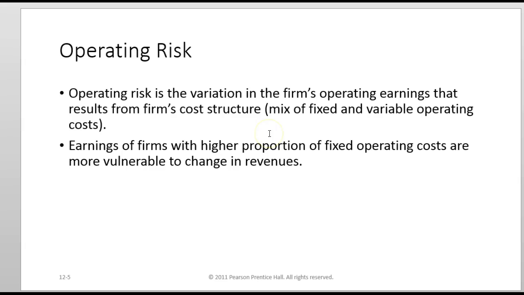And you'll find that firms who have a really high amount of fixed operating costs are very vulnerable to the changes in the revenue at the top. And we'll kind of go through that and walk through it. We'll also look at break-even point and how that affects the ability of a company to control its operating risk.